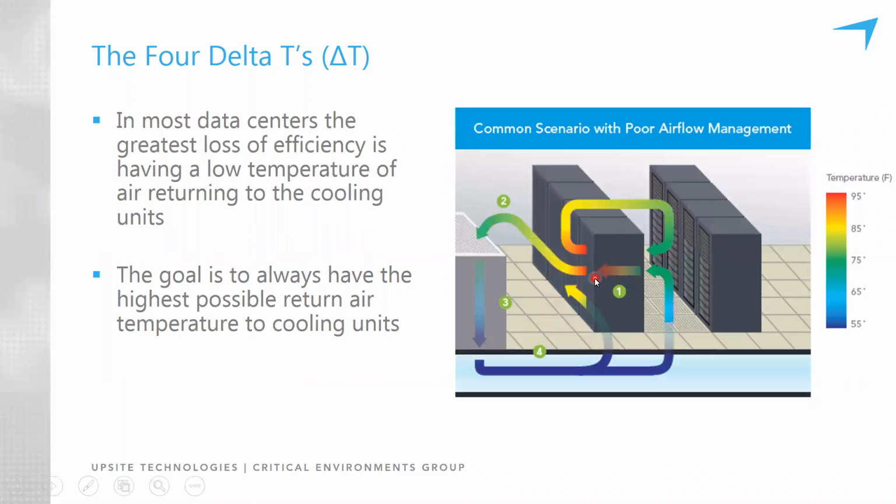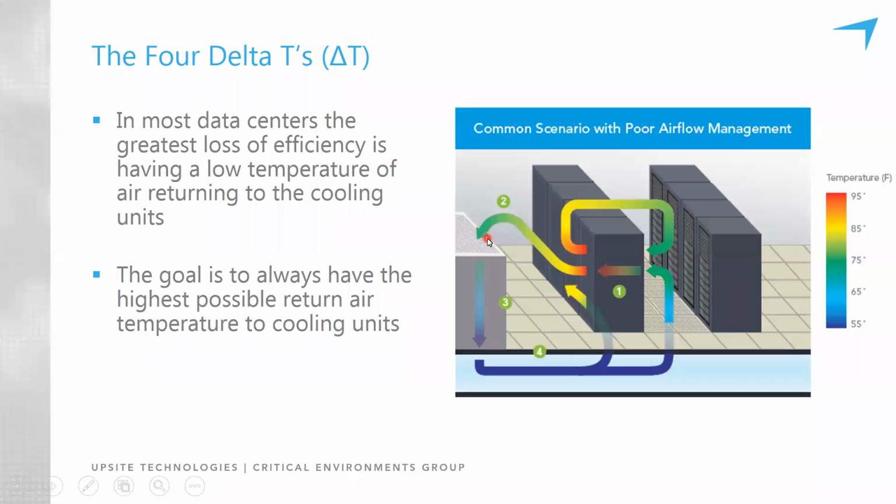We see here on this next image that what is actually occurring is that there are very large delta T's in these other 2 locations. When the air comes out of the IT equipment, it comes out at a very high temperature, usually well over 100 degrees Fahrenheit, 35, 40 degrees Celsius. And yet, by the time that air gets back to the cooling unit, it is much cooler.